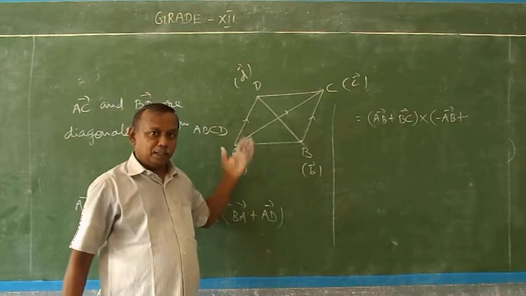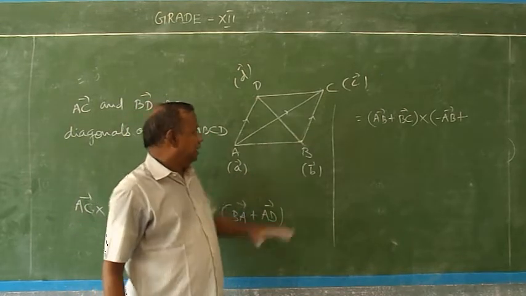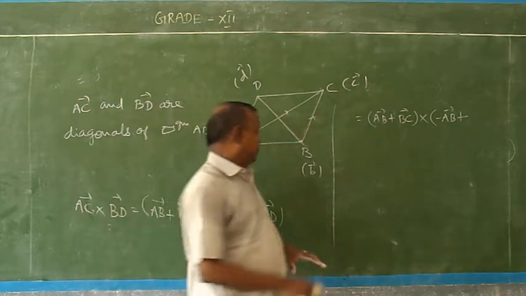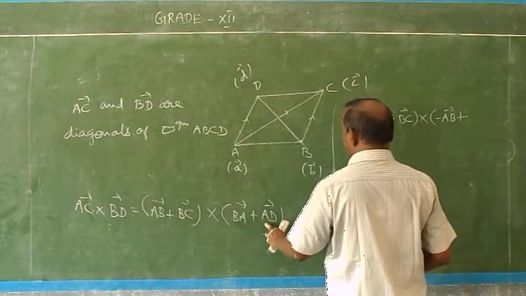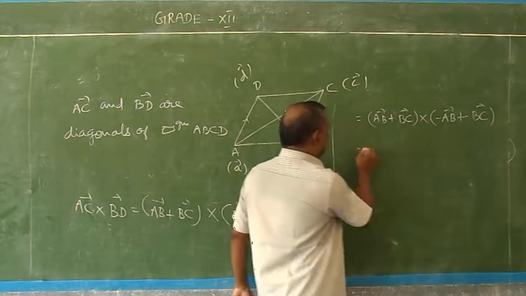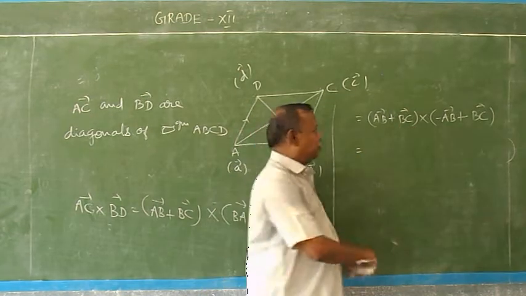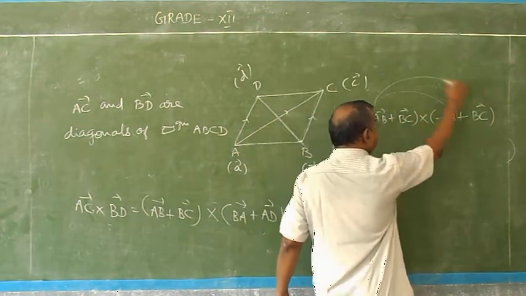In the parallelogram, the opposite sides are equal, and similarly the direction of AD is the same as the direction of BC. Therefore, AD vector equals BC vector. So if you replace AD by BC, we know that the cross product or vector product is distributive over addition or subtraction.